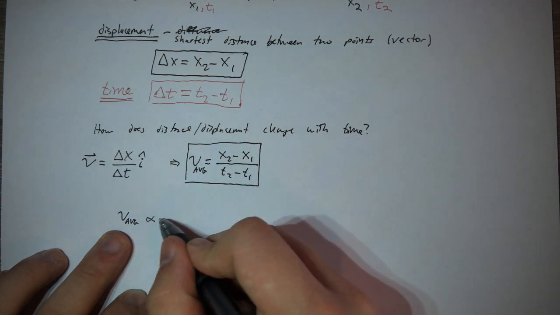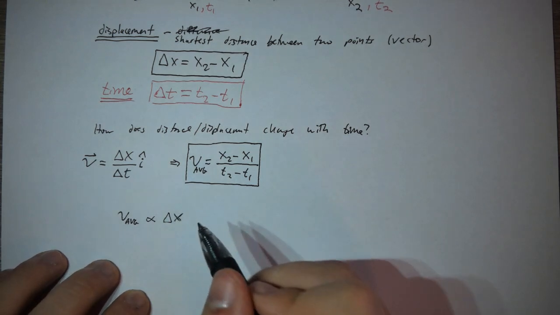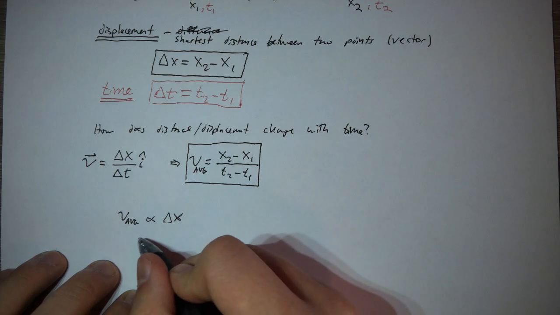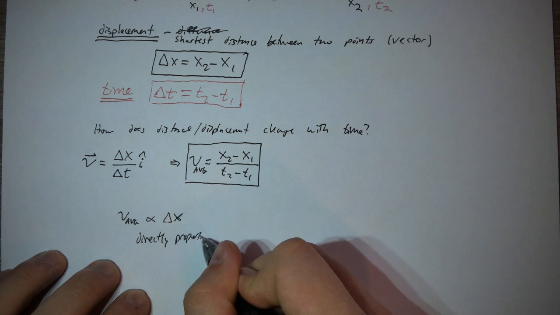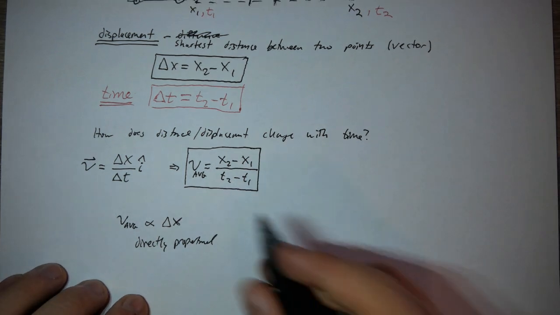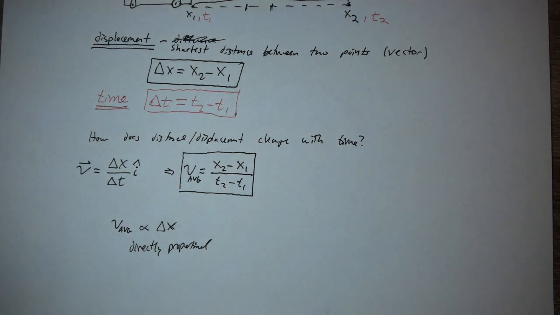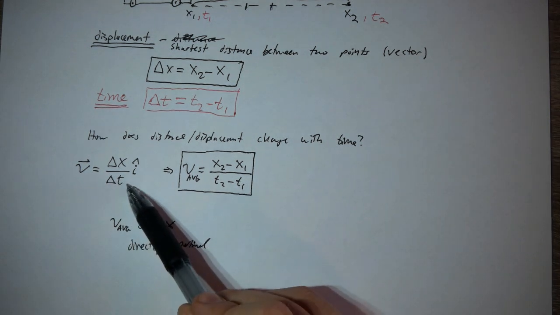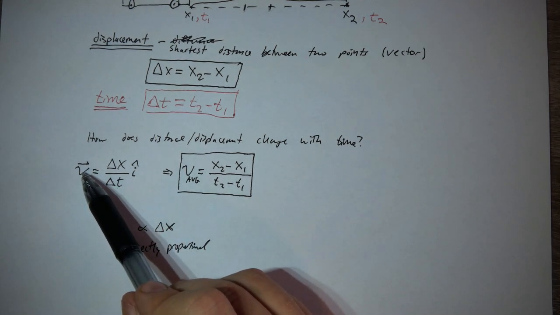And this means that the velocity and the displacement are directly proportional to each other. Directly proportional. It's not very neat writing, but directly proportional. And so this means if you increase the displacement and keep the time the same, then your velocity will increase as well.